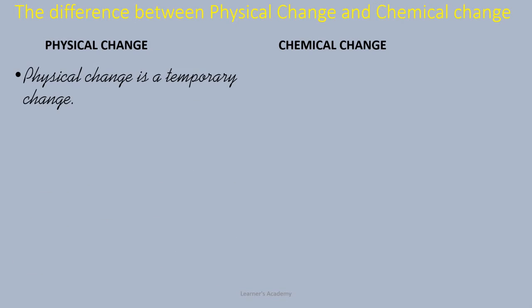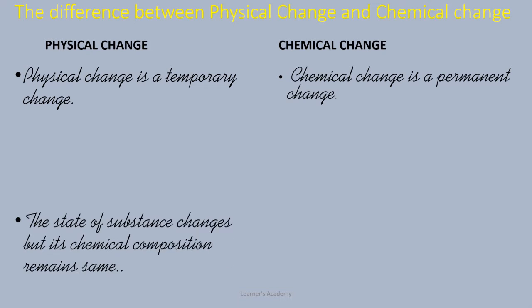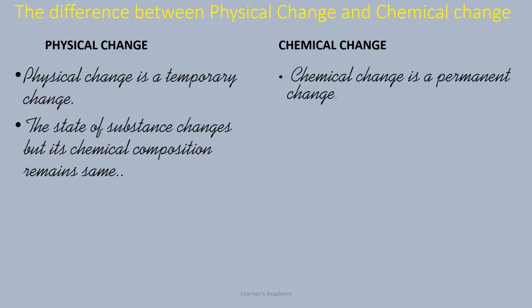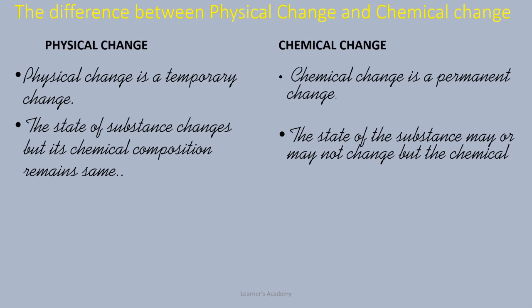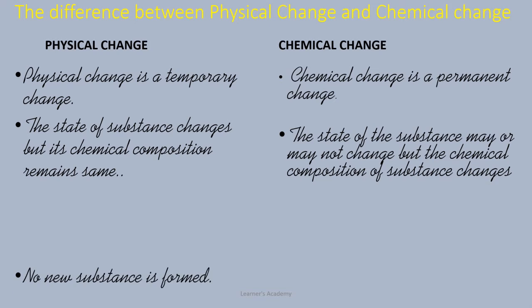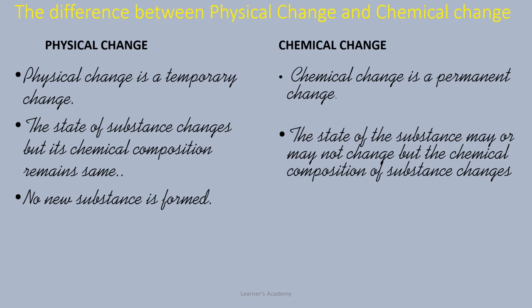Now let us see the point-wise difference between physical change and chemical change. Physical change is a temporary change. On the other hand, chemical change is a permanent change. The state of substance changes, but chemical properties remain the same in case of physical change. On the other hand, in chemical change, the state of the substance may or may not change, but the chemical composition of the substance changes. Third point, in physical change, no new substance is formed.